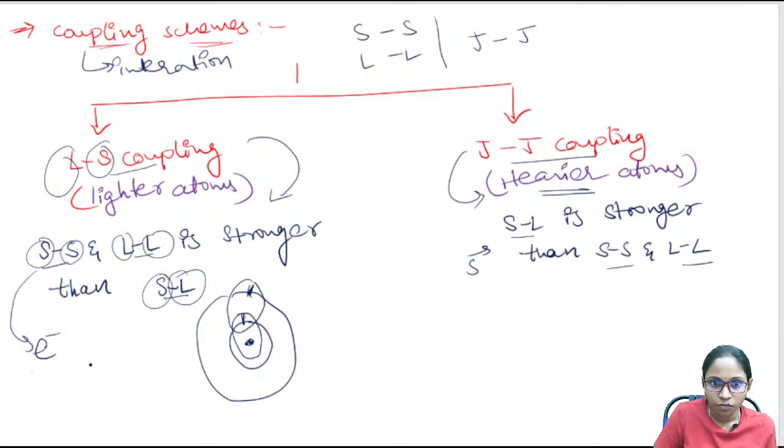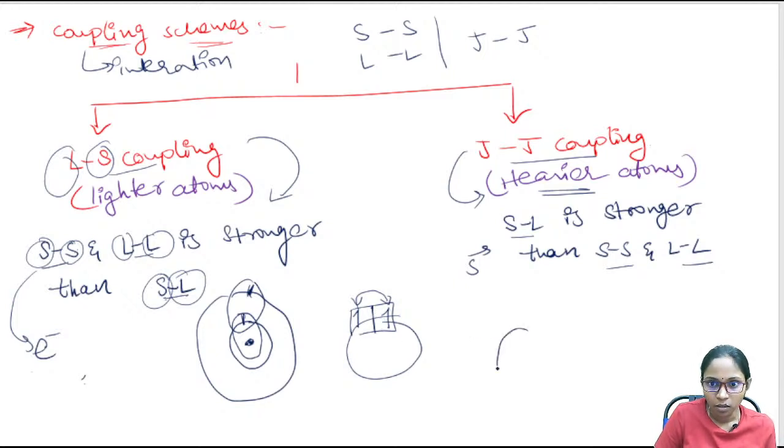Initially, the spin of both the electrons in subshells, what happened? If I have two electrons which are not bonded to each other, there will be a strong spin interaction between these two electrons, and an orbital interaction between these two electrons.